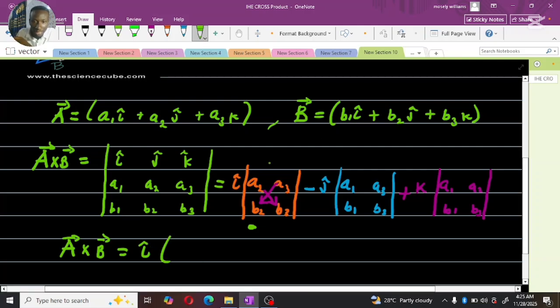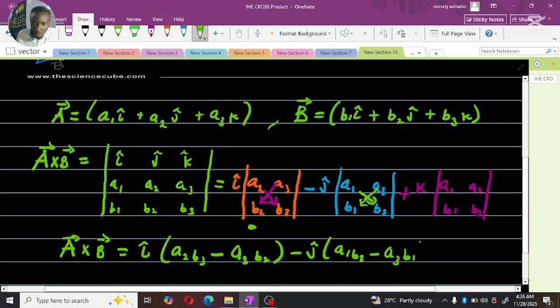What is the product here? A2, B3 minus A3, B2. It's as simple as that. So here we have minus J, which will be what? We have A1 times B3, A1, B3 minus A3, B1.